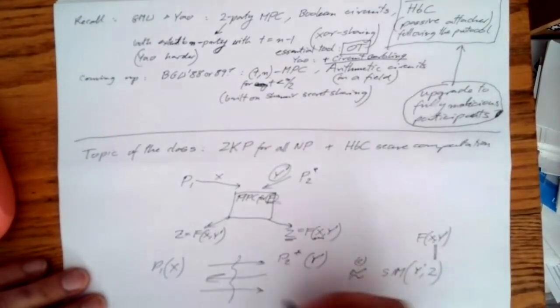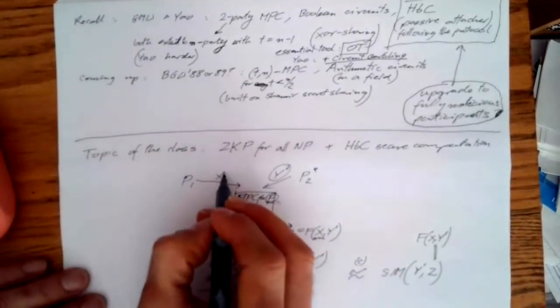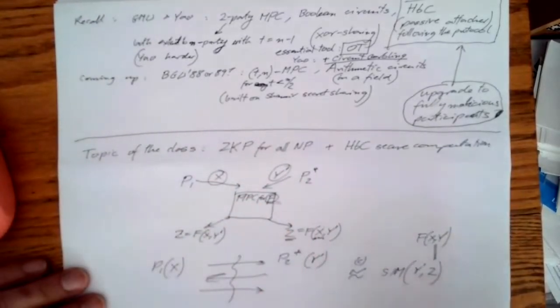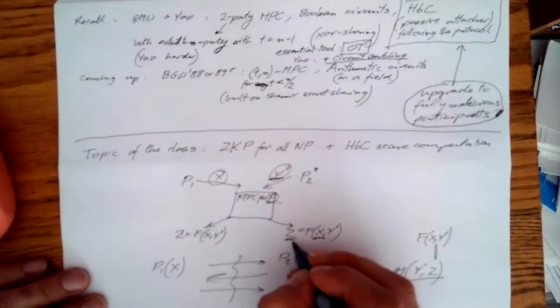So the simulator can produce this view. Therefore, whatever I'm revealing about X in the computation is indistinguishable from what can be learned just from the adversary's inputs and the adversary's outputs.